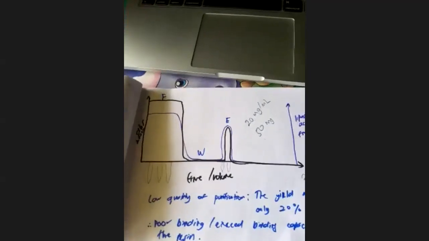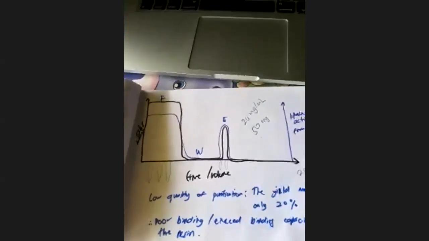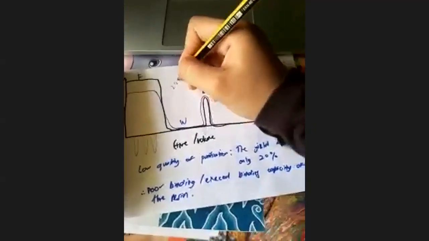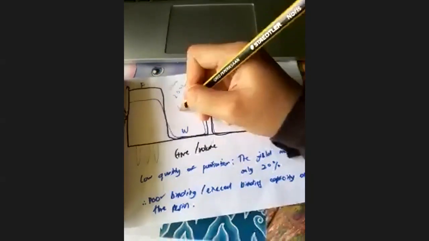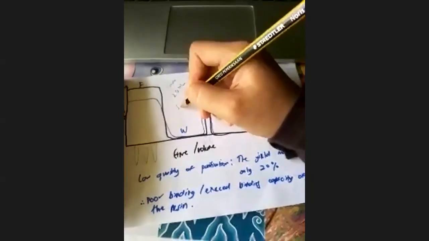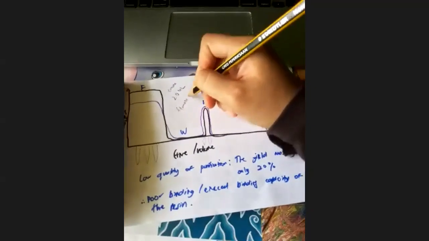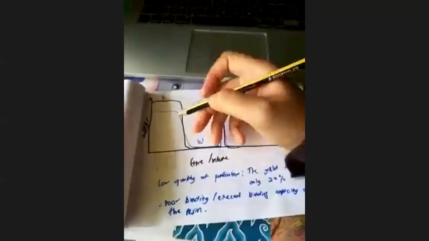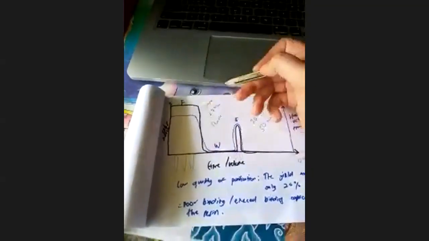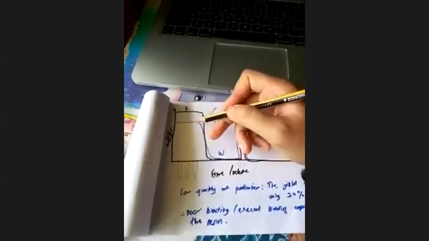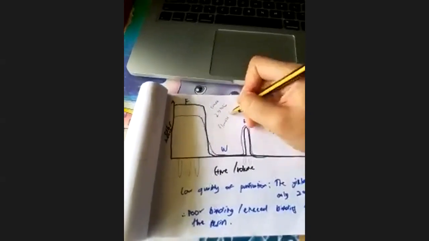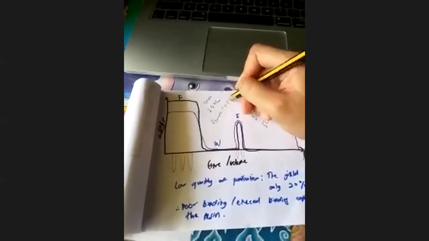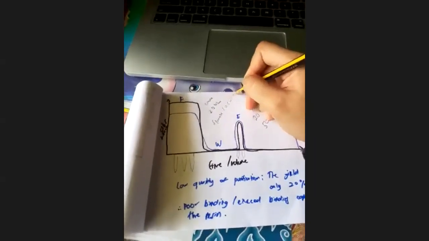If you have 20 mil of your crude sample, you need the flow rate really slow so that it gives more time for your crude to bind to the ligand here. So you can even reduce to 0.5 mil per minute.